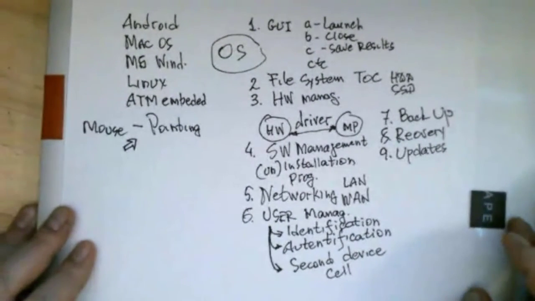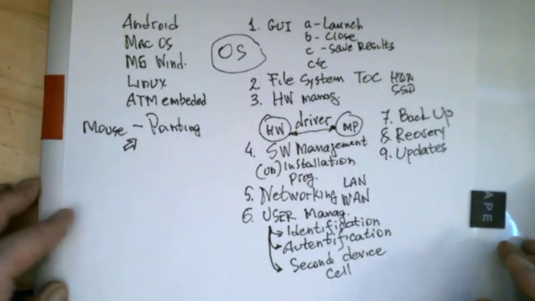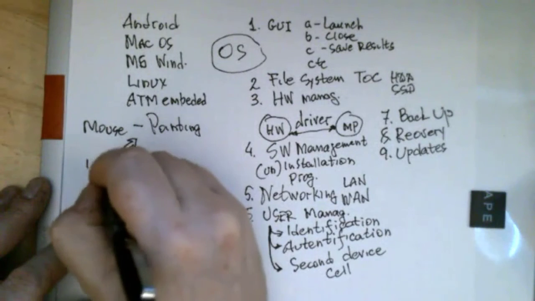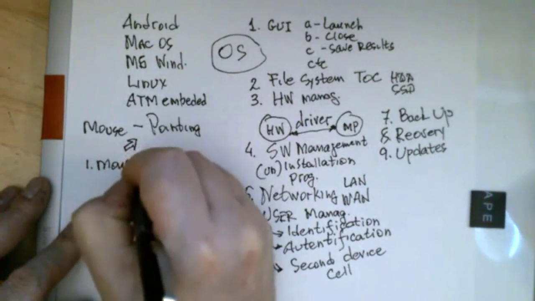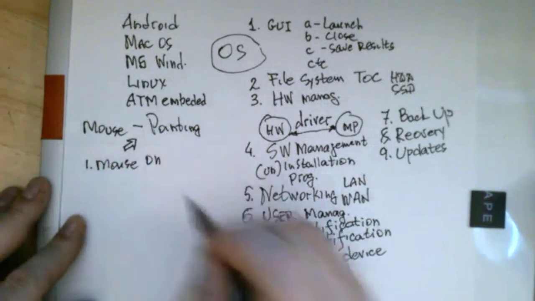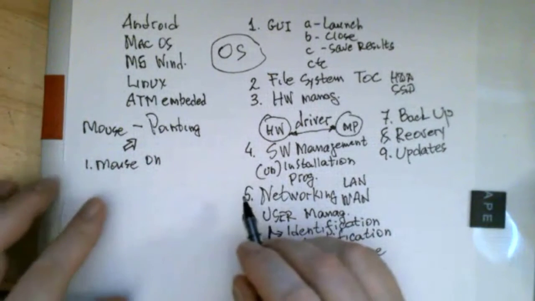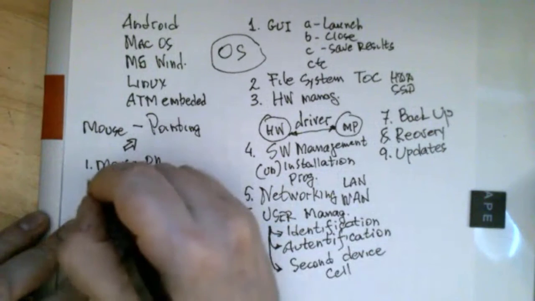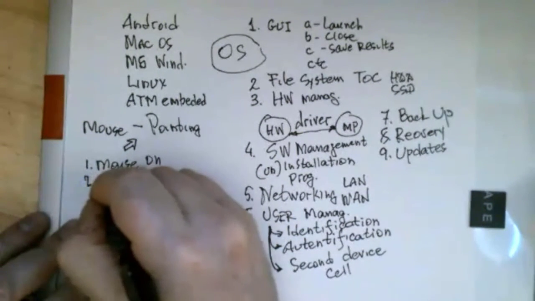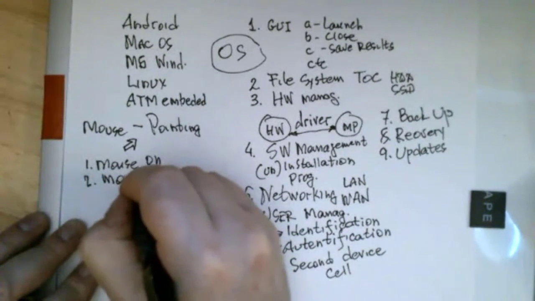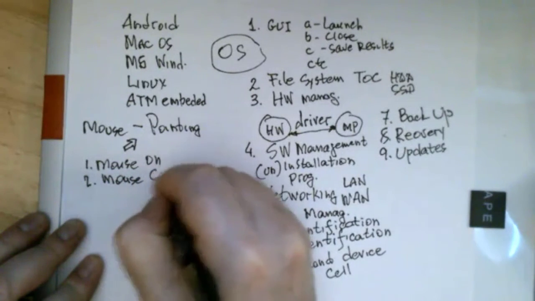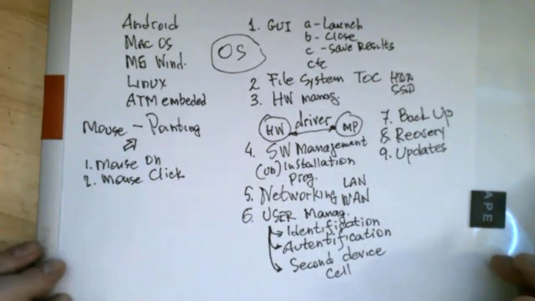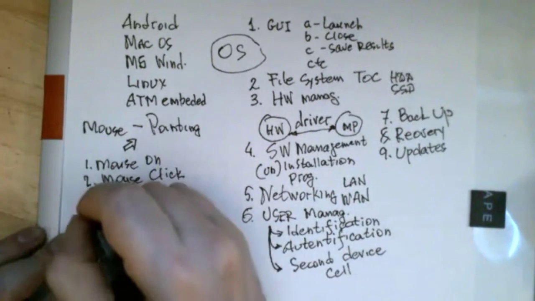So what we have as mouse gestures. I will say first, mouse on, when the mouse cursor goes upon a certain object. Then number 2, mouse click, when you first click.